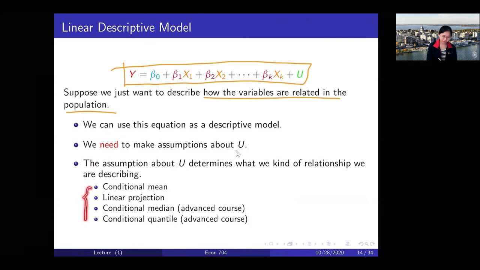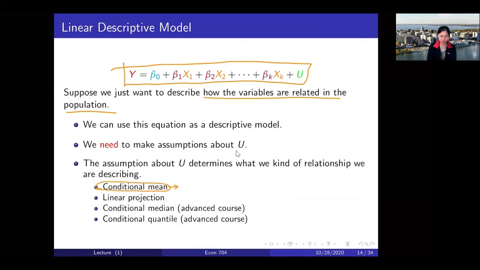There are different kinds of assumptions that we can put on the error term, and this will lead to different descriptive models. The first, maybe the most commonly referred to, is the conditional mean model. And we're going to focus on this one for now.